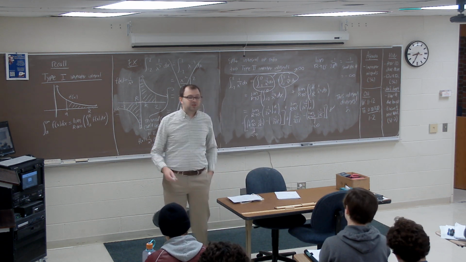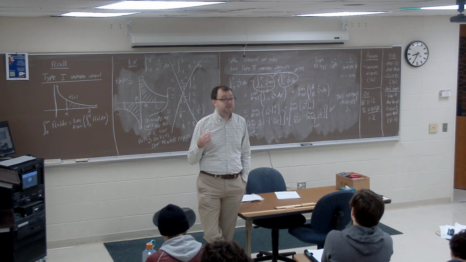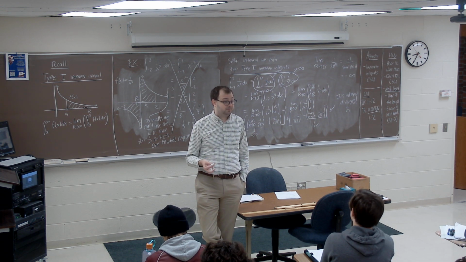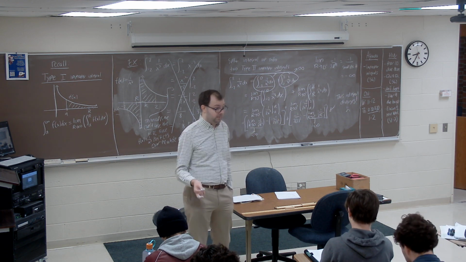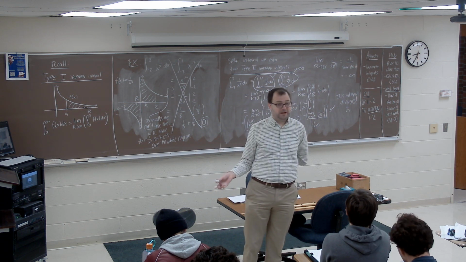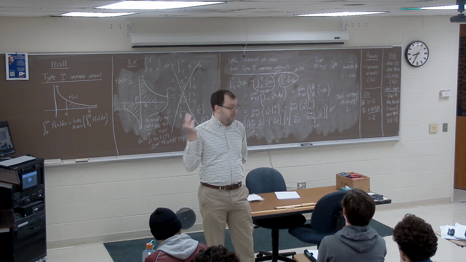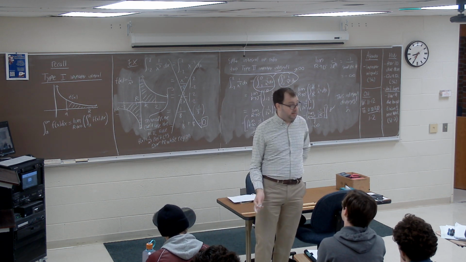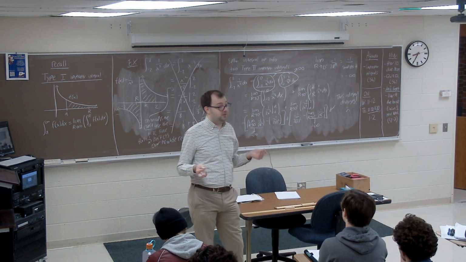So I'm just going to tell you all right now, this point, where we're at right now, is the cutoff point for Friday's quiz. Standard 6 still is going, and we're going to keep talking about Standard 6 for the next 15 minutes and a little bit into Friday's class, I think. But this is the cutoff point for what you need to know for the quiz, how to handle these type 1 and type 2 improper integrals.